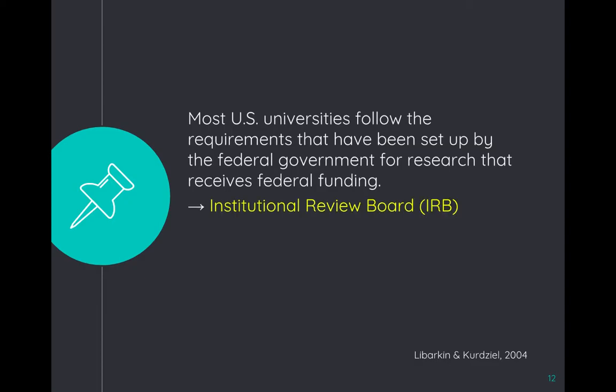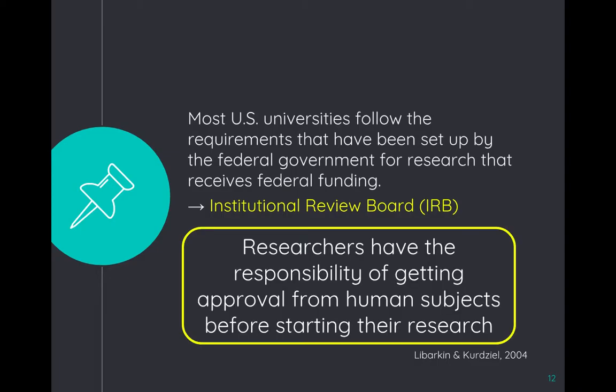The main outcome of this is that universities have an institutional review board, or an IRB. And so all researchers, as a result of this, have the responsibility to get approval. They need to be getting informed consent from their subjects before they can begin their research. And that is part of our responsibility as researchers as well.